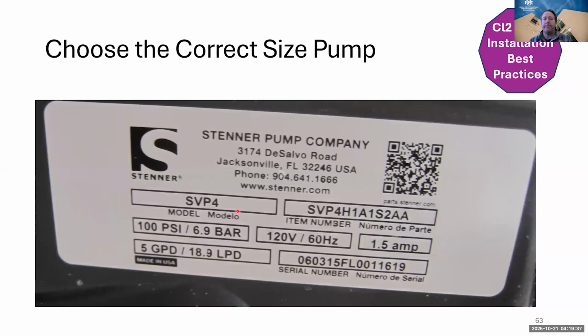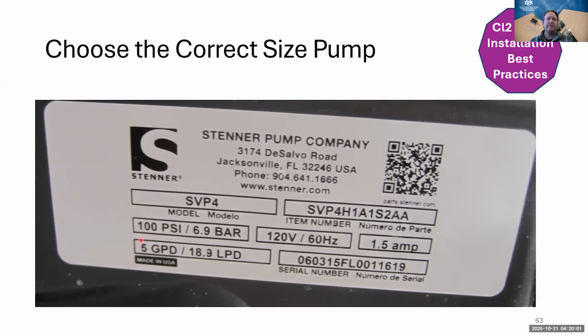Here's an example of a name tag on a Stenner peristaltic pump, and there are two things I want you to look at. One is what operating pressure it is rated for. We see that this pump is rated to operate at a pressure up to 100 psi. So if you have system pressures that go over 100 psi, this may not be the pump for you.